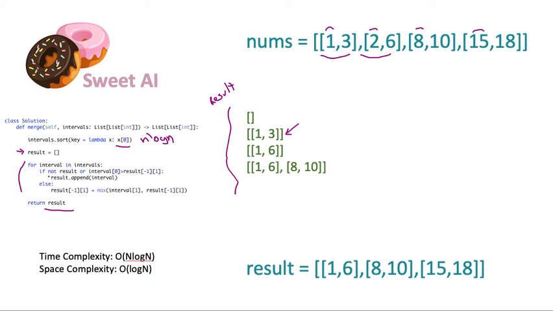It says if not result, which now result is not empty, so that doesn't apply, or if the interval at index 0, which is this one, number 2, is bigger than result[-1], which means the last item that has been added to the result, at index 1, right?